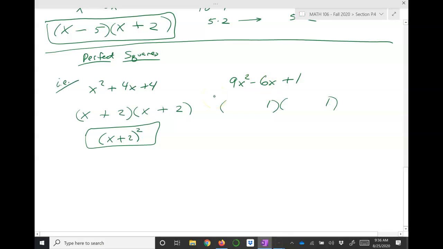Now, what factors of 9 can give you a 6? 3. So you have 3x and 3x. And you'll see that we want a negative 6x. So each of these 3x's has to be negative, and the 1 has to be positive up here. So see that that's also a perfect square. 3x minus 1 squared.